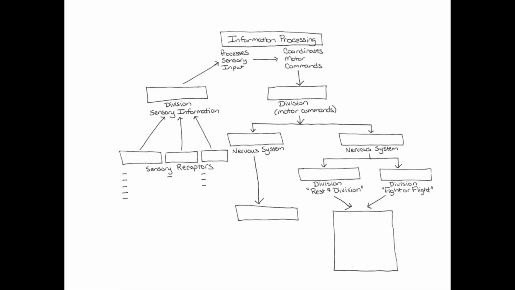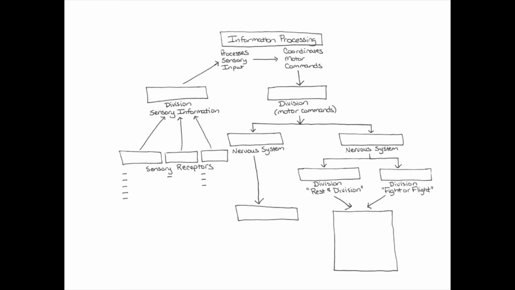Smooth muscle, cardiac muscle, glands, and adipose tissue. Okay? Somatic nervous system goes to the skeletal muscles, autonomic nervous system goes to everything else, right?